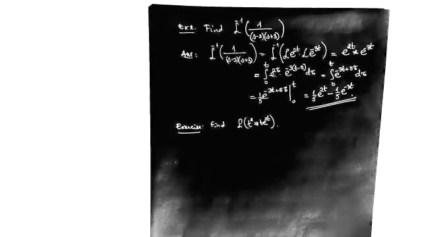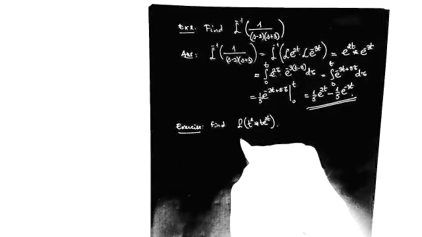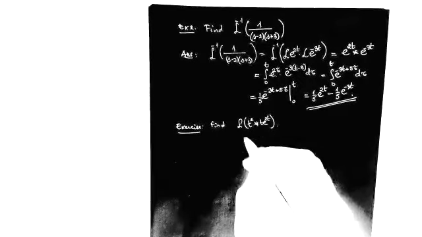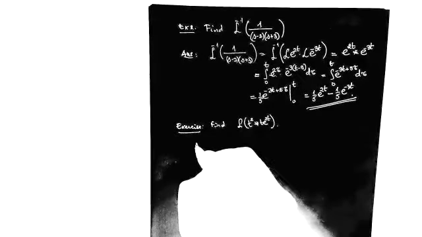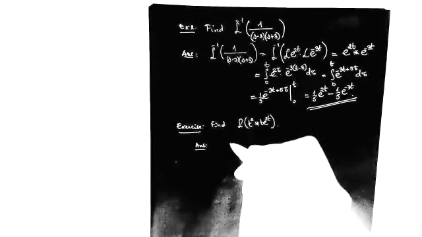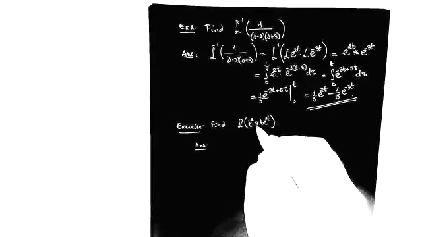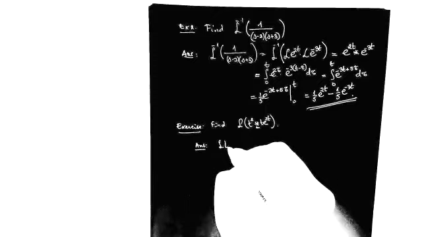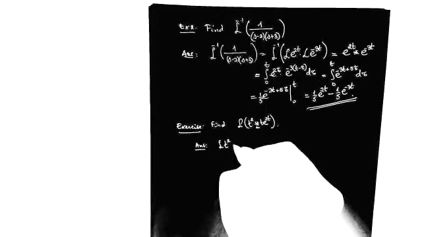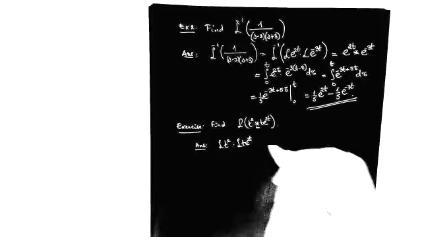First step: applying the theorem. This is the convolution. So that is the Laplace transform of t squared times the Laplace transform of t e to the 2t.